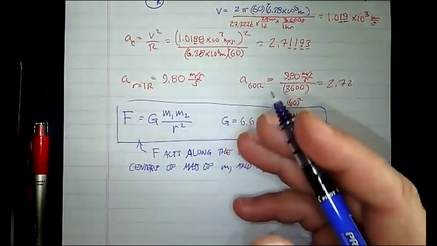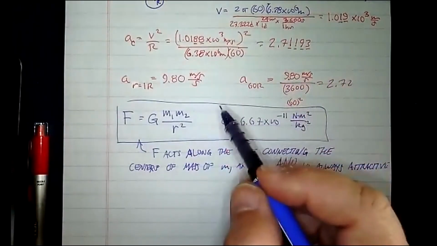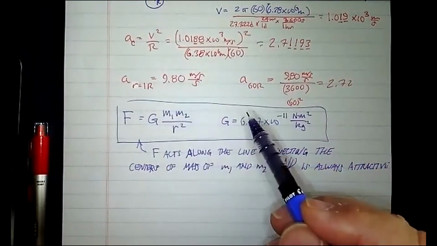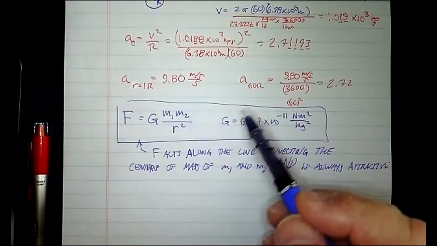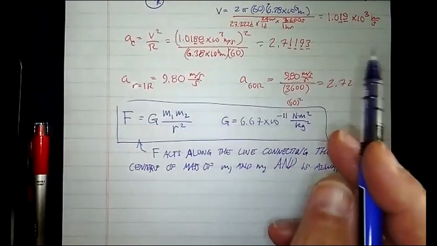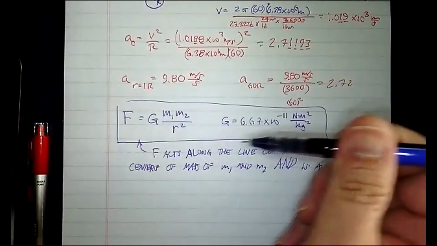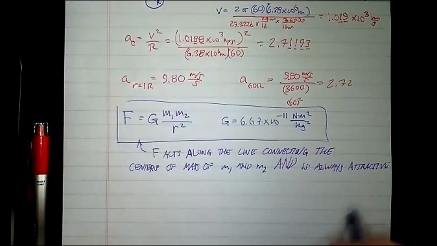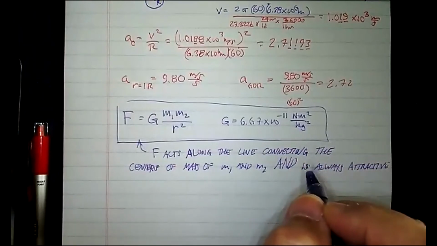So what Newton's law of gravity says is that the force of attraction between two bodies exists as long as the two bodies have mass. That the force will act along the line connecting the center of masses of the two bodies such that M2 is being pulled towards M1 and M1 is being pulled towards M2. And that's it. It's also inversely proportional to the square of the distance between them.